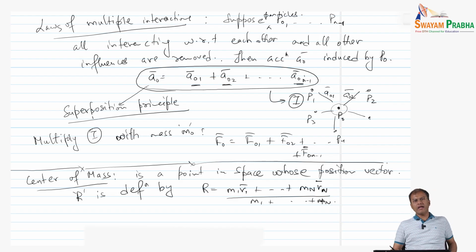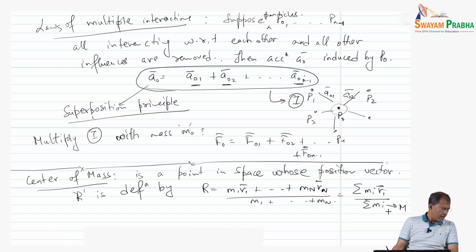Okay, so this is the weighted average of the position vectors of the particles, right? And in short, we can write this as summation mi ri divided by summation mi, or the sum of the masses. Let me call this summation mi as some giant mass capital M, right?